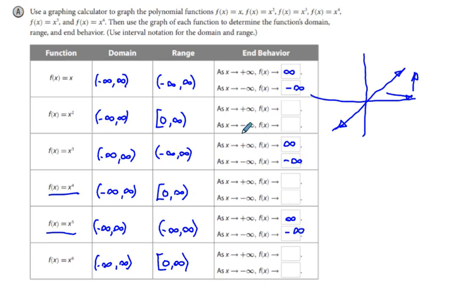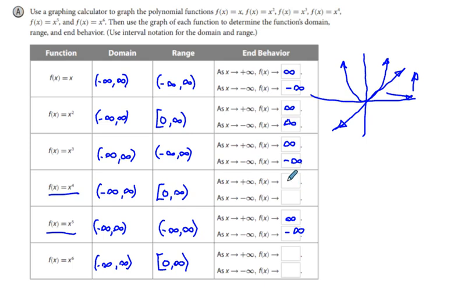Now next, we have f(x) equals x squared, and this is what that one's going to look like. I'm sketching it right here. Okay, as x approaches infinity, f of x approaches infinity. As x approaches negative infinity, f of x approaches infinity.